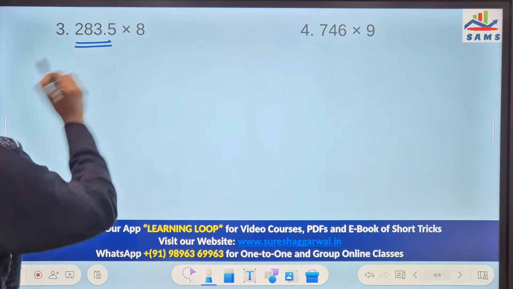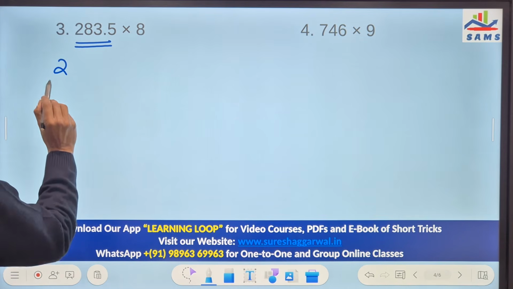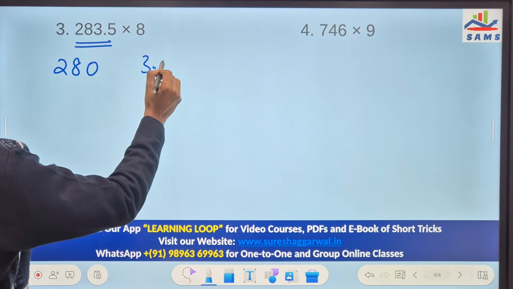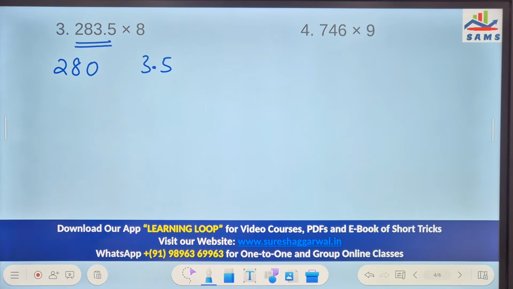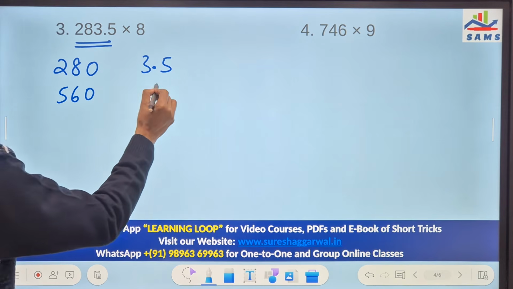Now, can we practice this more? Let's have a decimal. So 283.5, I will consider this as 280 and then 3.5. Now this is much easier. So double of this is 560 and then 7.